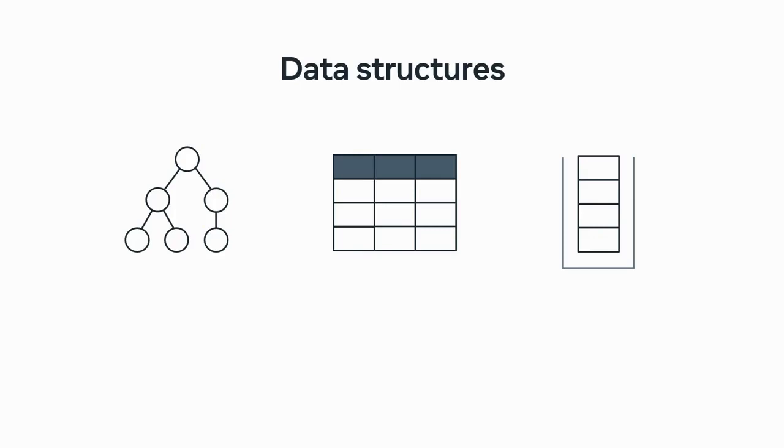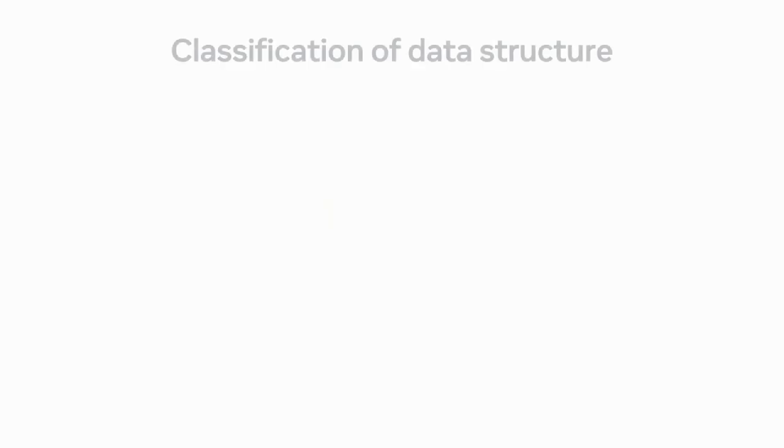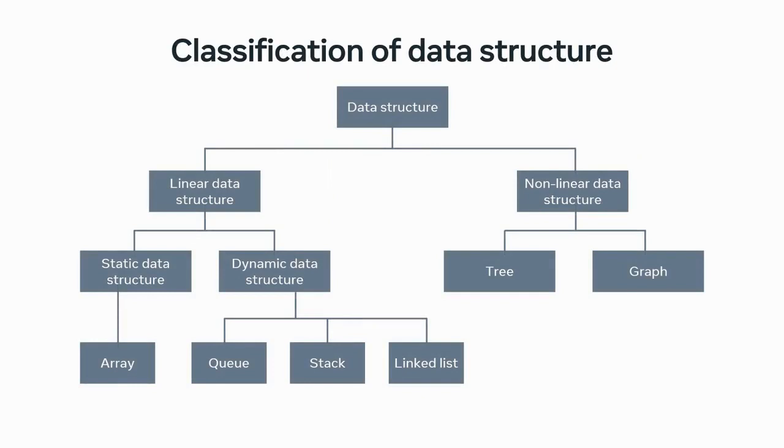While the implementation and capabilities of a data structure can range between various programming languages, the overarching architecture generally follows similar patterns. Here is a universal classification of data structures that categorizes the different types of structure into two main branches, linear and nonlinear.